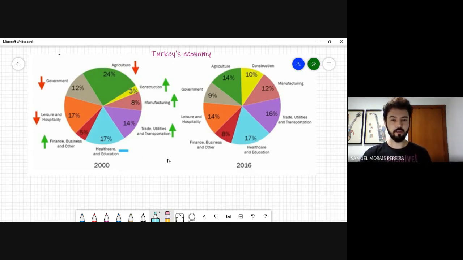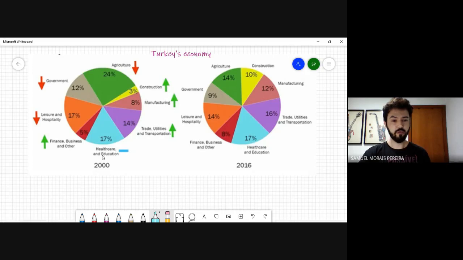So, can you see here? I have pie charts. Each sector here is representing a sector of economy. Can you see? This green part here is representing the sector called agriculture. This yellow sector here is representing the sector of construction.